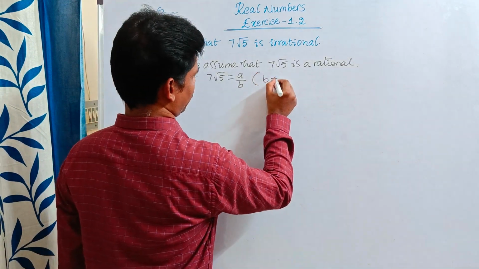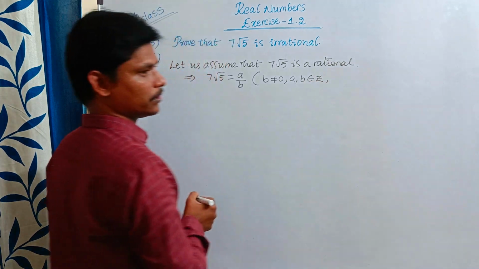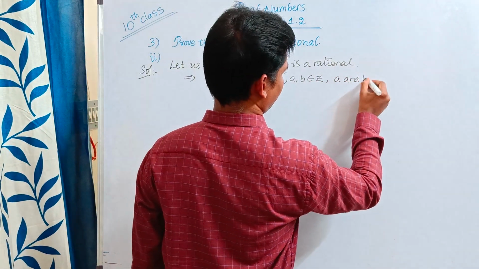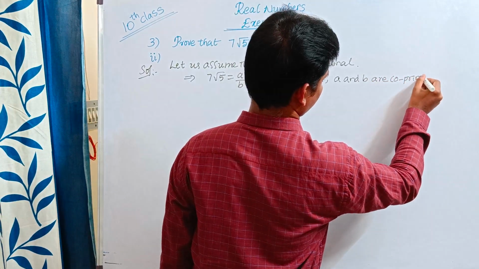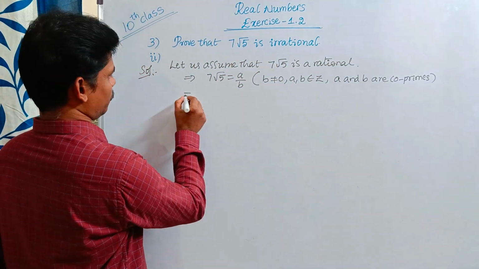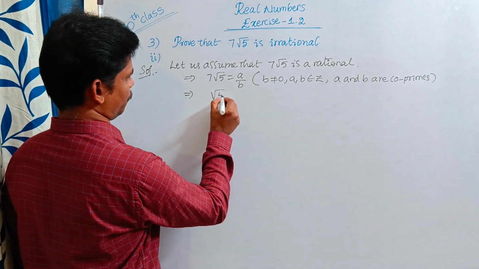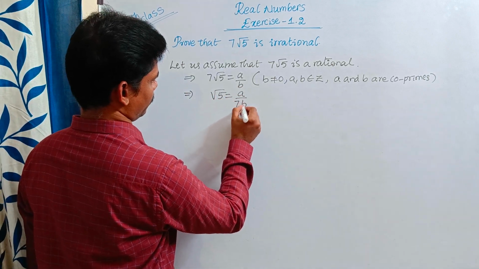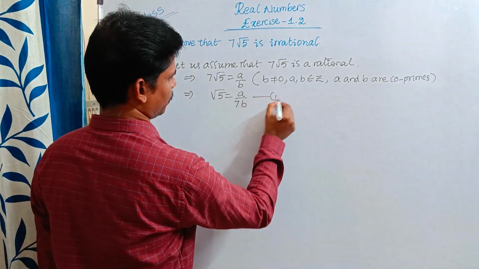So here b not equal to 0, a comma b belongs to z means integers. a and b are co-primes. So then simplify this one. 7 transpose to this side. Root 5 is equal to a by 7b. Okay. Equation 1.